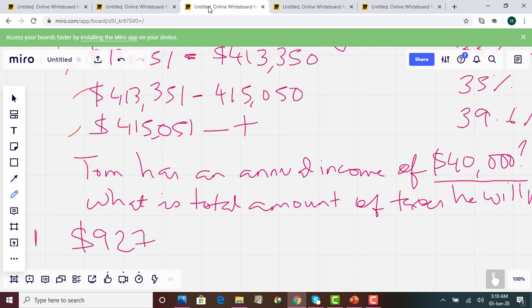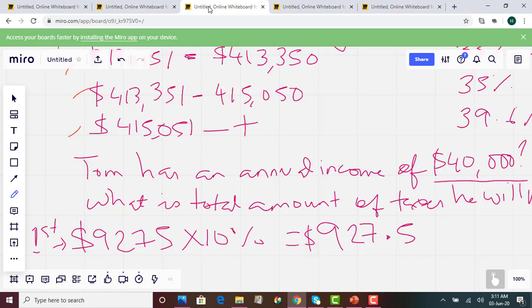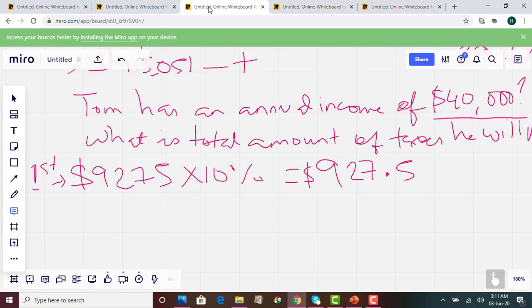So we do it this way. 9,275, this is the first level. He will pay 10%. Which means on the first $9,275 that Tom is earning, he is going to pay tax of $927.50. But his income does not stop there. He's making 40,000.